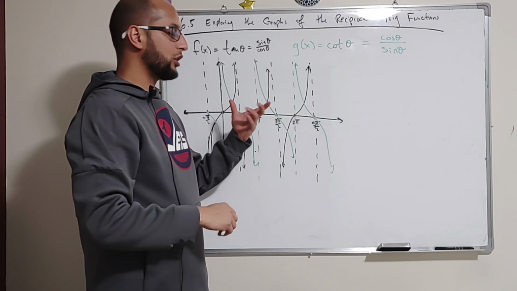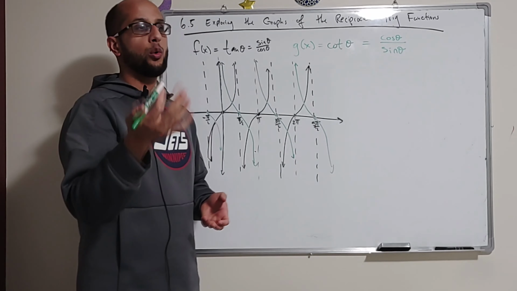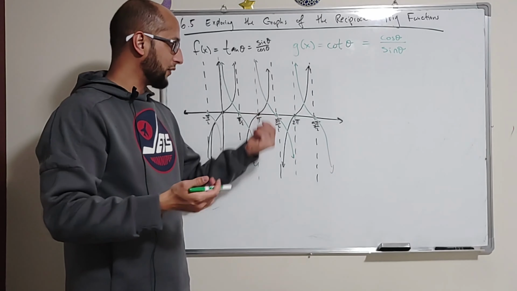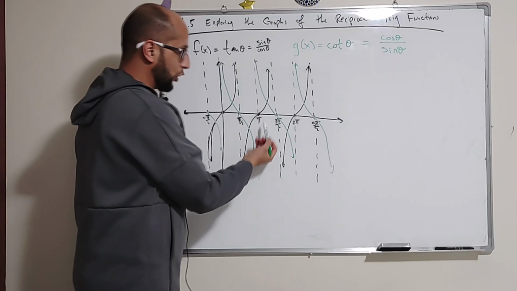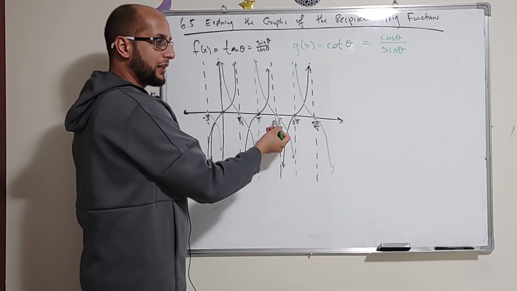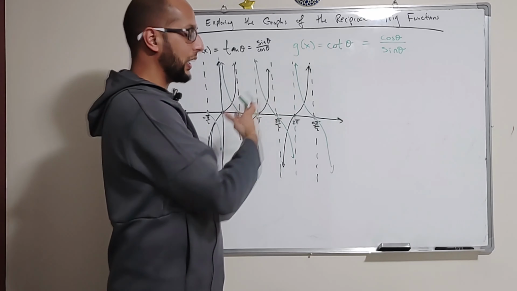And for cotangent, you're just trying to understand what your period is, and where the location of your asymptotes and x-intercepts are, because after that point it's the same thing. So if your asymptotes are pi and 2 pi, that means in the middle will be your x-intercept, and the function's original form will be as given here.